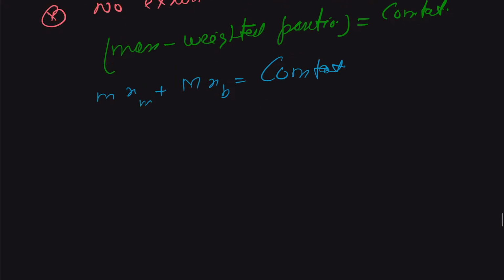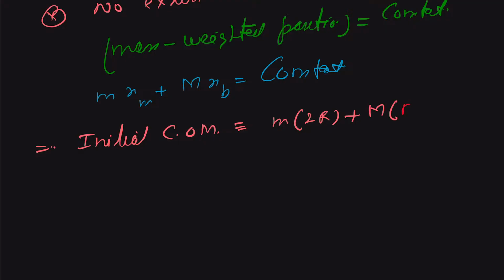Okay, so we can write this expression, we can divide it into two parts. First will be the initial center of mass, and we know that the mouse's mass m is at a distance of about 2r from the origin, plus the bowl's mass M is at a distance of r from the origin. Okay, so this is our equation number 1.